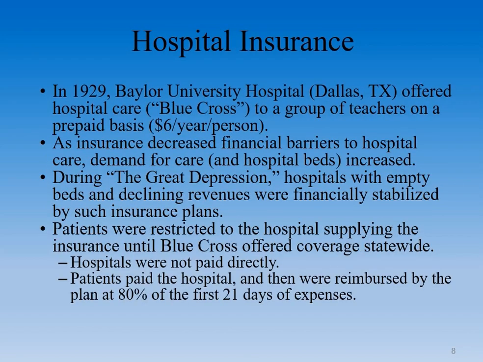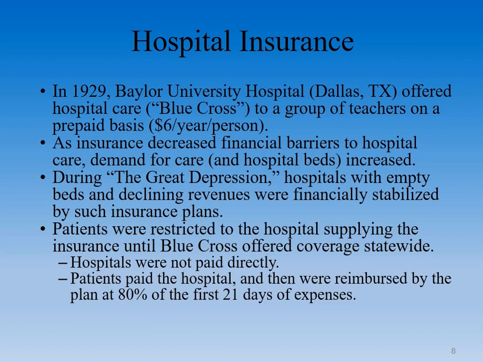Going on, hospital insurance historically. In 1929, Baylor University Hospital in Dallas offered hospital care, Blue Cross, to a group of teachers on a prepaid basis, $6 per year per person, if you can believe that. Well, inflation now. As insurance increased, financial barriers to hospital care decreased and the demand for care increased.